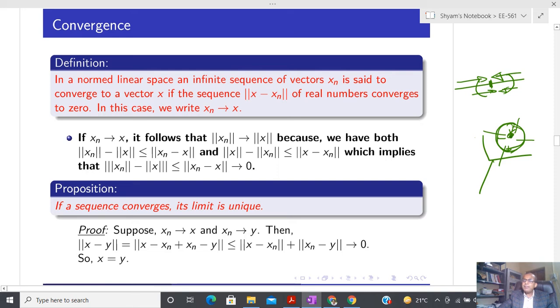If the limit exists, then for every epsilon greater than 0, there exists some natural number N such that I can guarantee that the norm of x minus xn is small. Now could you please tell me how to define distance in higher dimensional space?